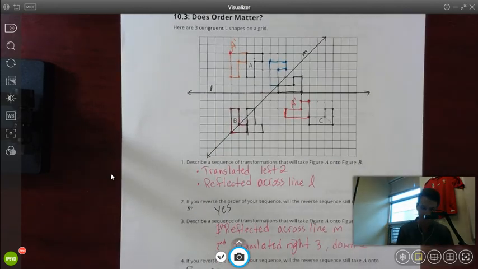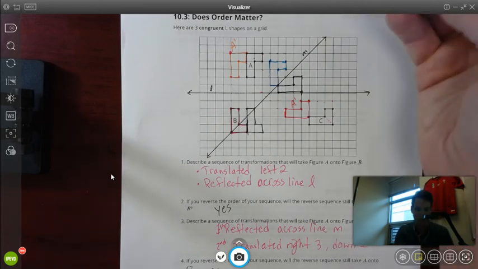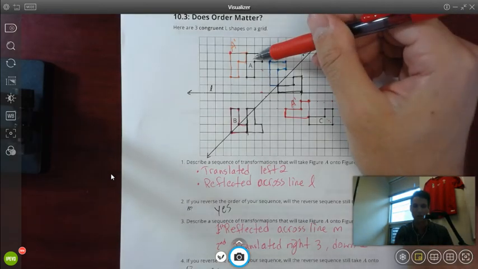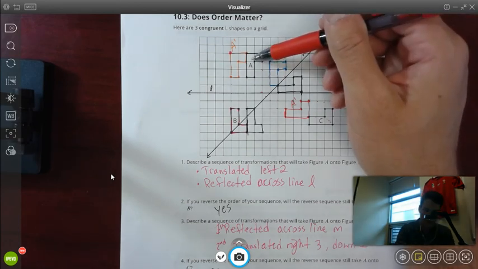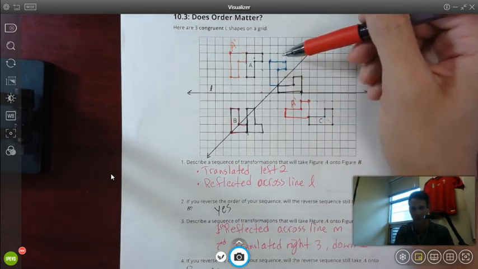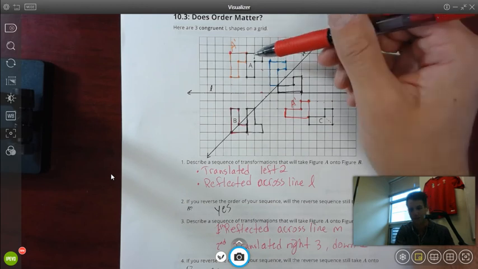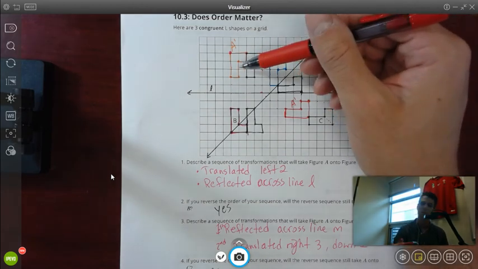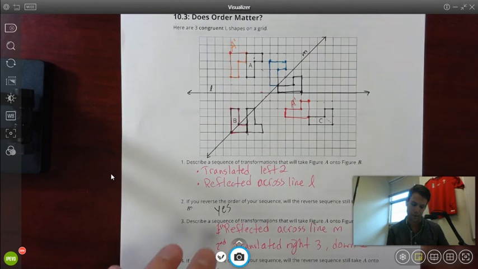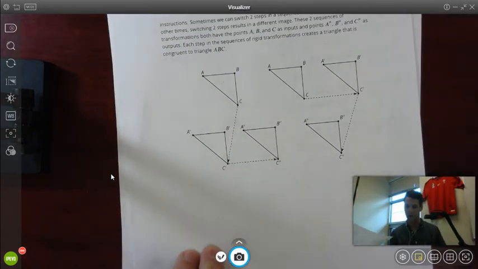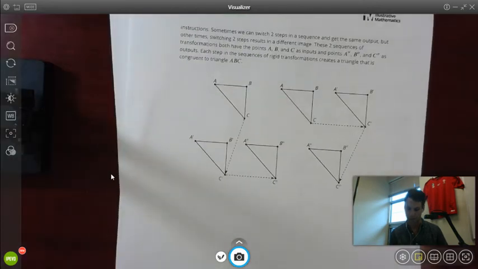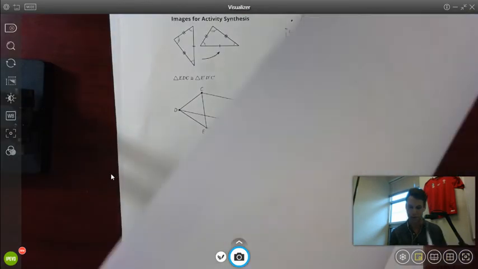And a quick example of that, if I knew I was going to take A and I wanted to just do translations, I can move figure A 3 spaces left and then 5 spaces right. If I did 5 spaces right and 3 spaces left, it would still get me back to the same place. So whenever you're doing just translations, that is a foolproof way of knowing that it's not going to matter what order you do your transformations in.